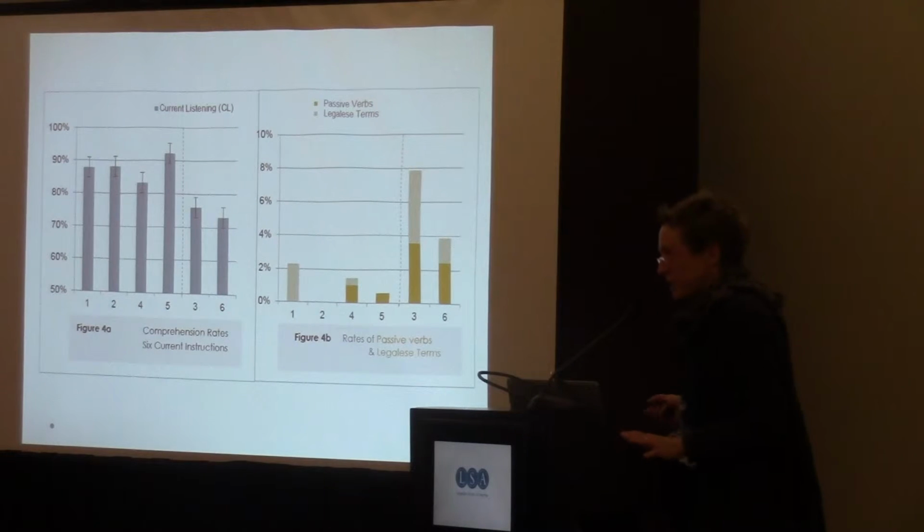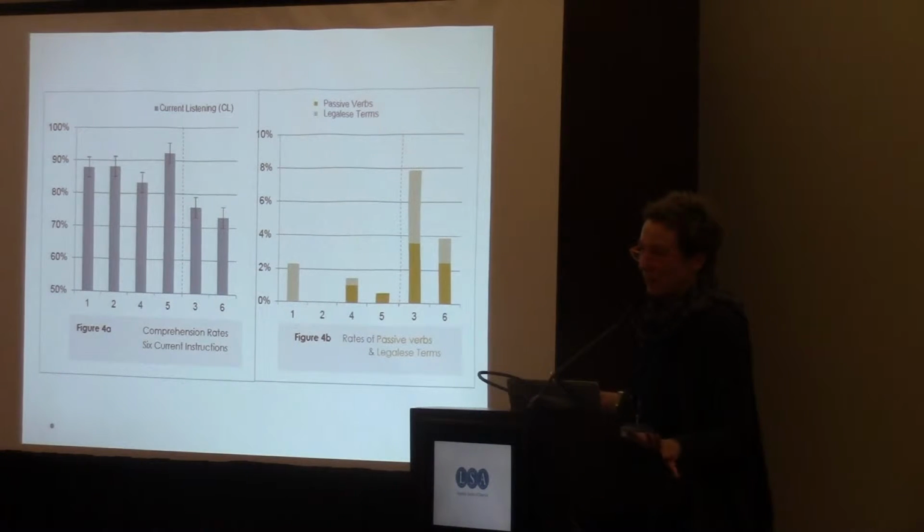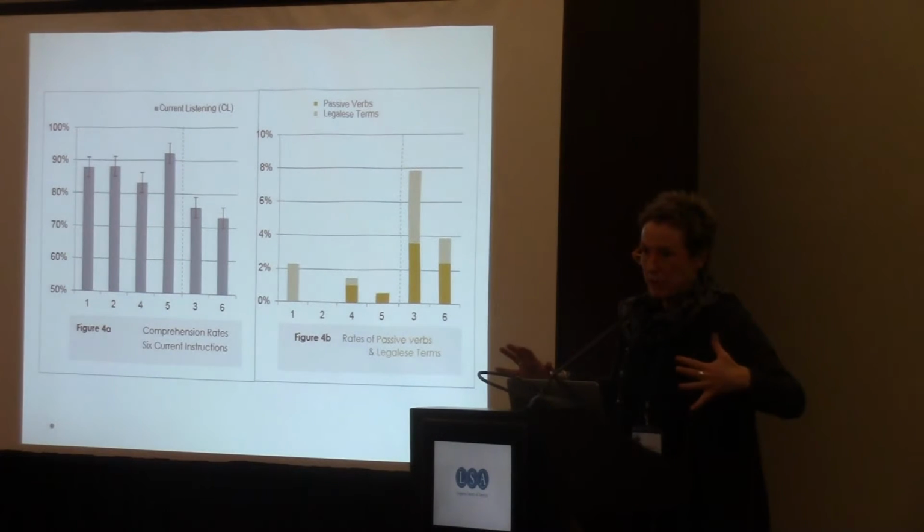So the instructions that had the higher numbers of passives and legalese were harder for the jurors to understand. We didn't test jurors, we tested Northeastern undergrads, but nevertheless, okay. All right. So you can see we got this nice inverse correlation, and that's what linguists care about.